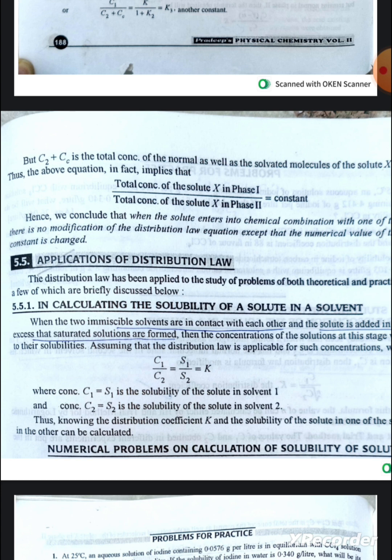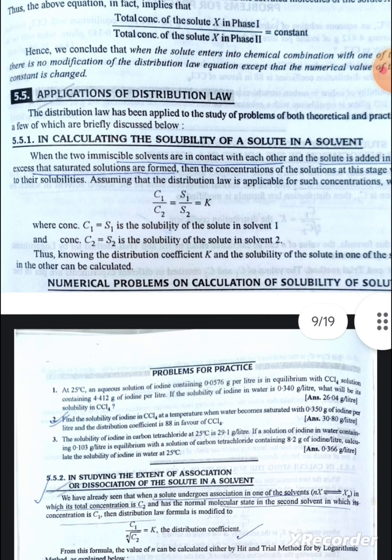Assuming that the distribution law is applicable for such concentrations, we will have C1 by C2 is equal to S1 by S2 is equal to K, where concentration C1 is equal to S1, the solubility of the solute in solvent 1, and concentration C2 is equal to S2, the solubility of the solute in solvent 2. Thus, knowing the distribution coefficient K and the solubility of the solute in one of the solvents, that in the other can be calculated easily.